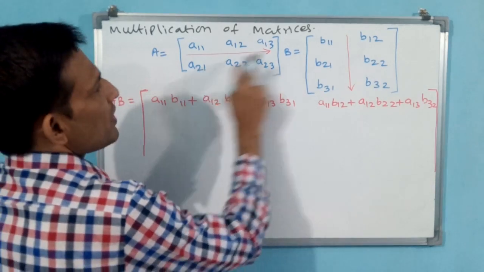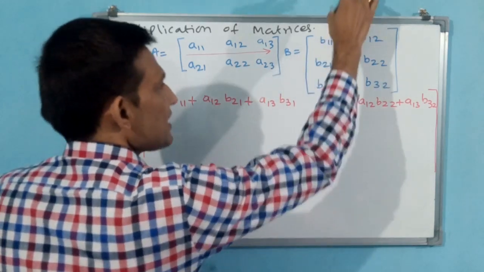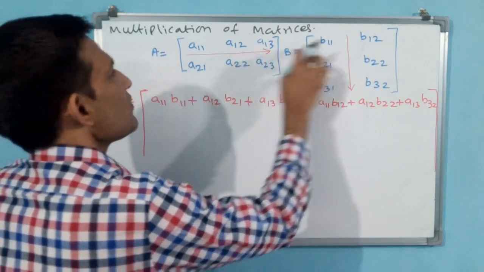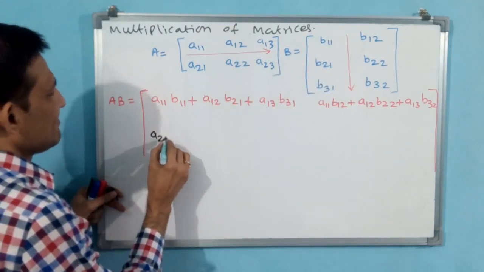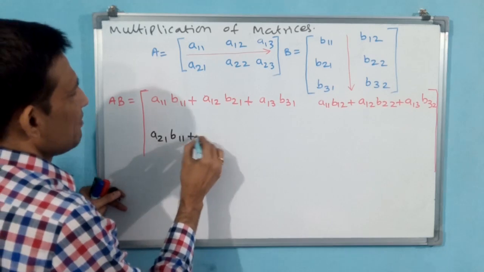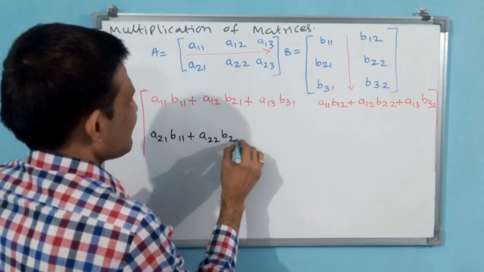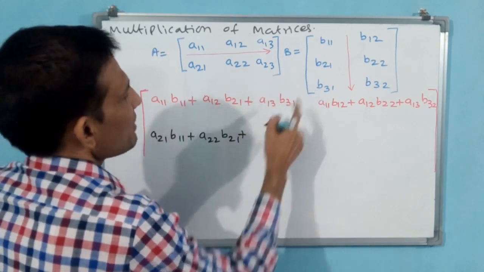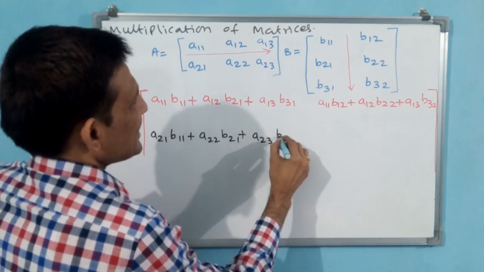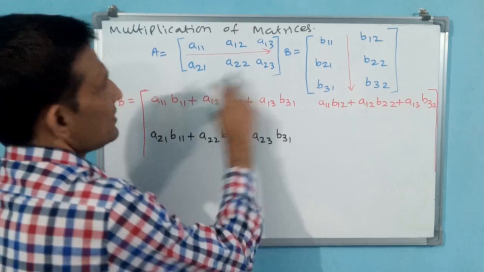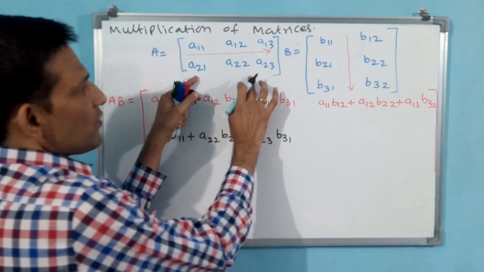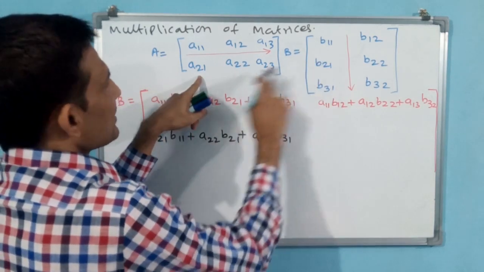Now you see A21, B11. See, horizontally here, vertically you have to go. A21, B11, plus A22, B21, plus A23, B31. Okay. This is, see, second row, first letter you have to take.